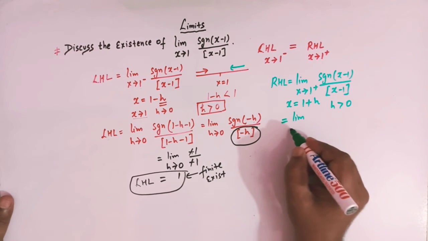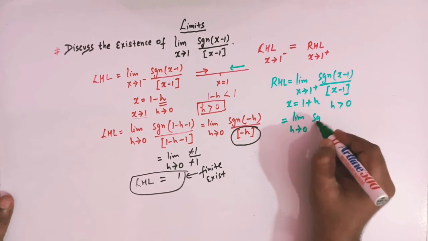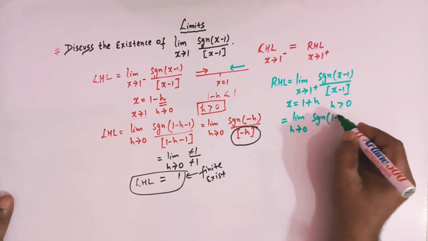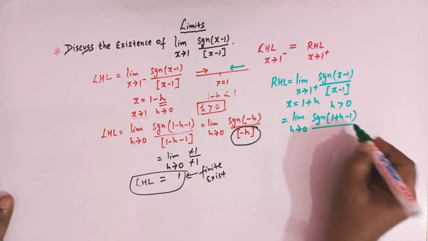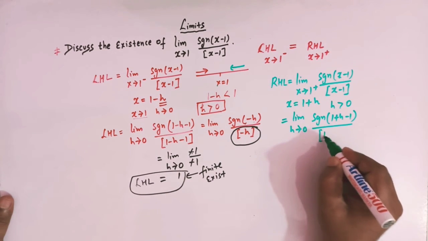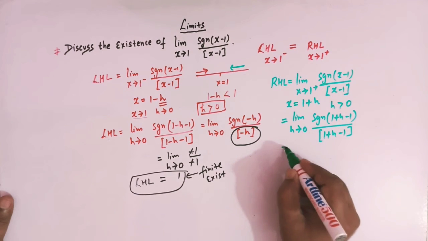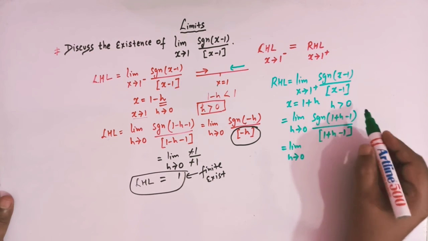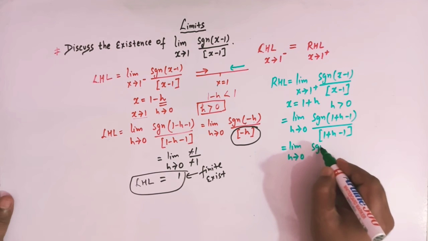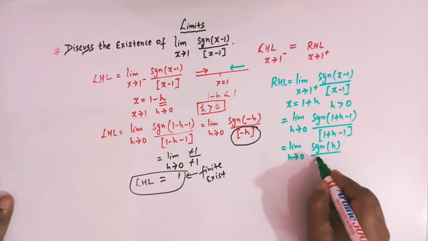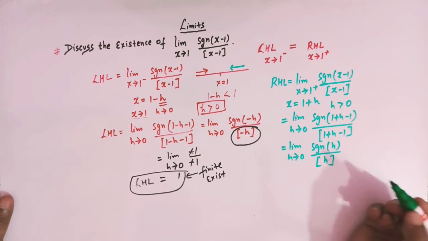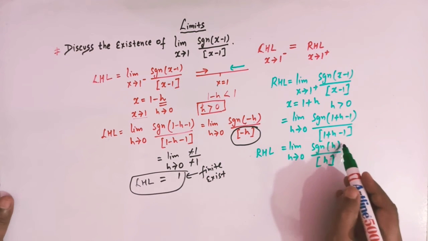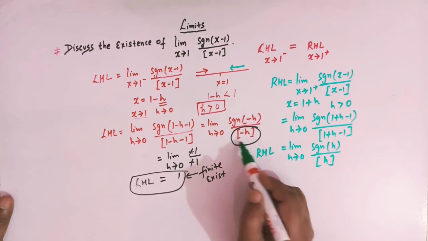So we have limit h tends to 0, and we have signum of 1 plus h minus 1, and in the denominator we have the greatest integer of 1 plus h minus 1. So now we can make a simple simplification here. So 1 and 1 get cancelled, and we are left with signum of h divided by the greatest integer of h. And here again we have got an expression similar to this one.